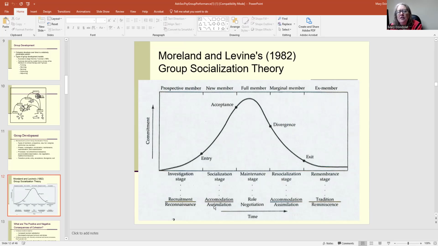Yep, I can do that. You're assimilating to what's going to be expected of you, and then asking for accommodations if you feel like something needs to be changed for you, like you need a class that's not offered when we offer it, or you're going to take it at another university and then transfer it in. How are we going to make that work? That's during the socialization stage.